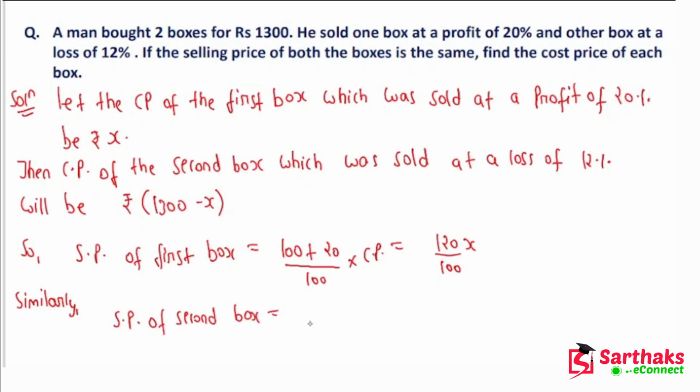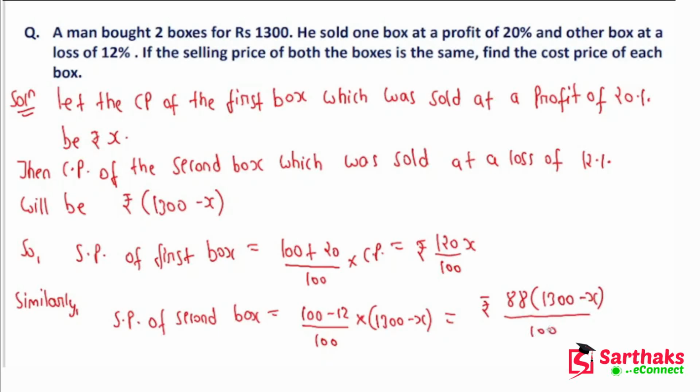It was sold at a loss of 12%, so it would be 100 minus 12 whole upon 100 into cost price. Now what was the cost price of this box? It was 1300 minus x. So cancelling them out, we will get rupees 88 into 1300 minus x whole upon 100.